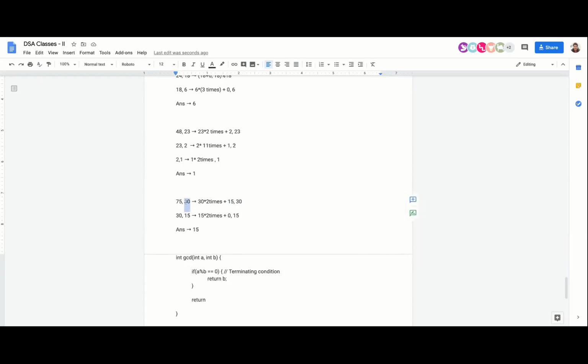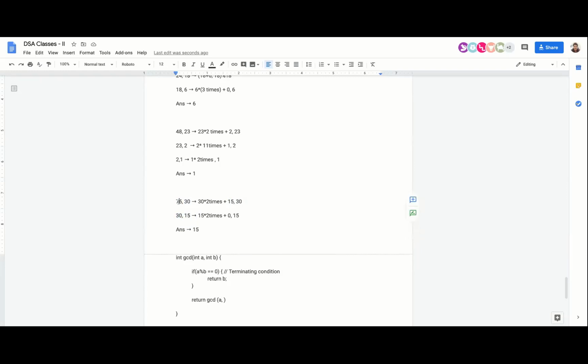So this was my B. Now B will become my A. See, we had 30, comma 15. This was my B earlier, and now this became A. So can I write GCD of A, comma, and what were we passing here? This was the remainder. When we divide A by B, the remainder which we were getting, we were sending it again to the GCD function, correct?